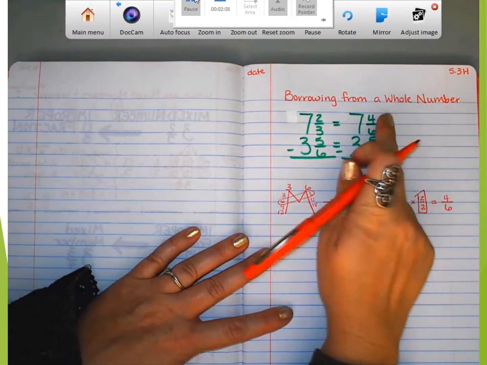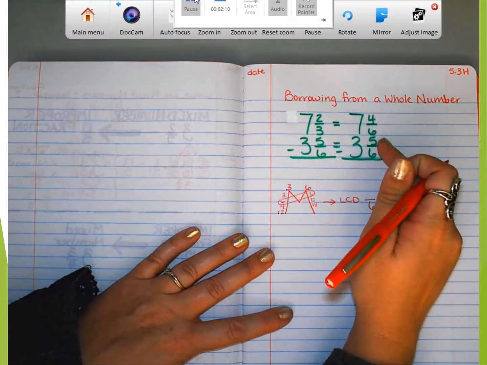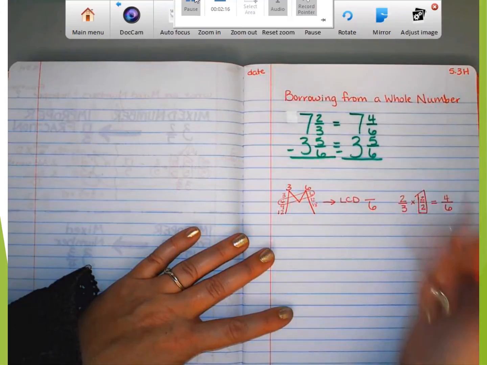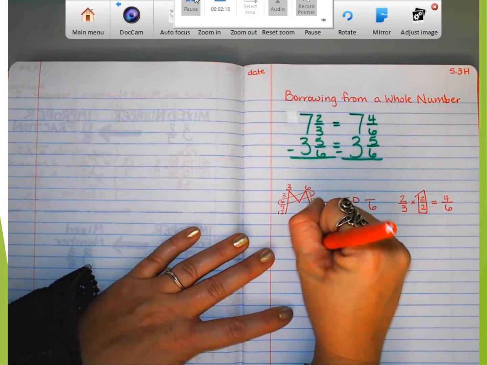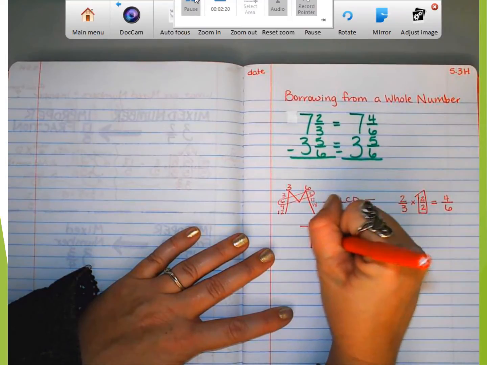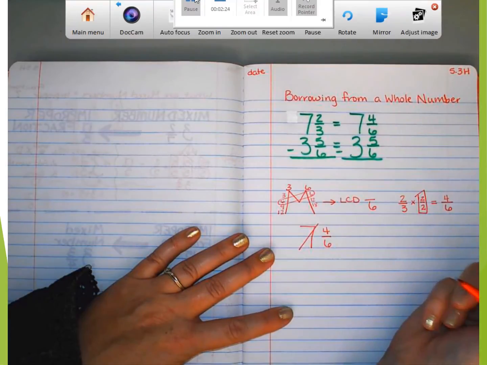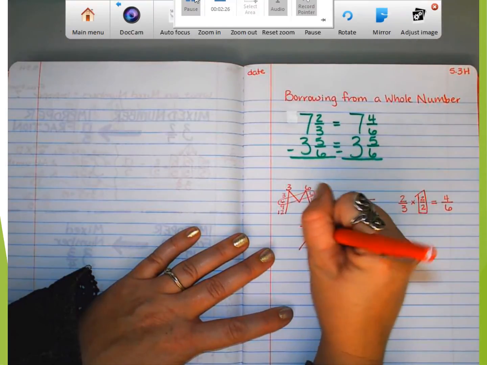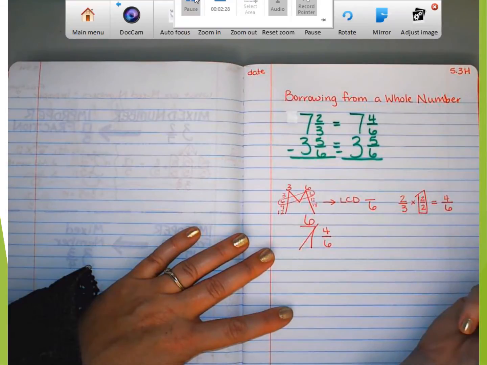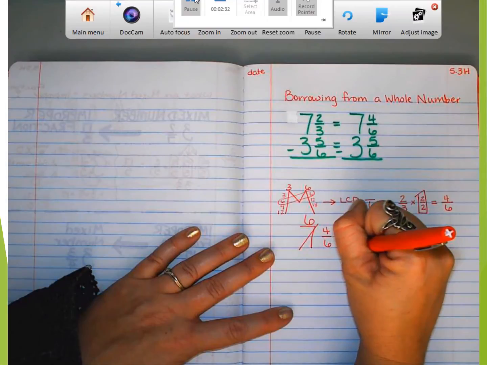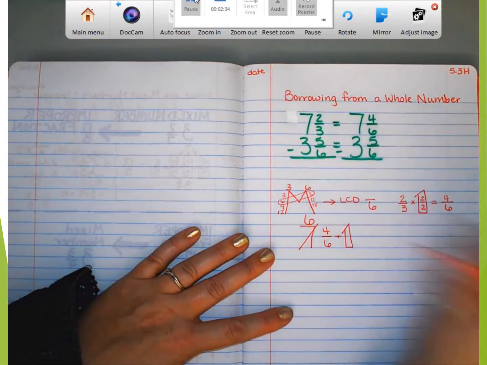But I can't do that because 4 cannot subtract 5. So now I'm going to borrow from my whole number. Okay? So I had 7 and 4/6. I'm going to borrow from my 7. I'm going to take one of the wholes from it. That leaves me with 6. I am borrowing one whole.